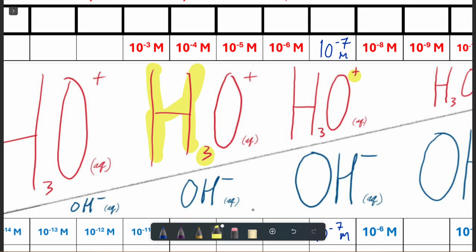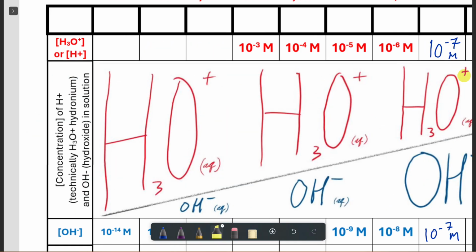So instead of an H2, we have an H3. And so sometimes people will talk about the concentration of hydrogen instead, like an H plus. It means the same exact thing. In chemistry, if I talk about the concentration of hydrogen ions, what I really mean is the concentration of hydronium ions. But people flip back and forth between them.